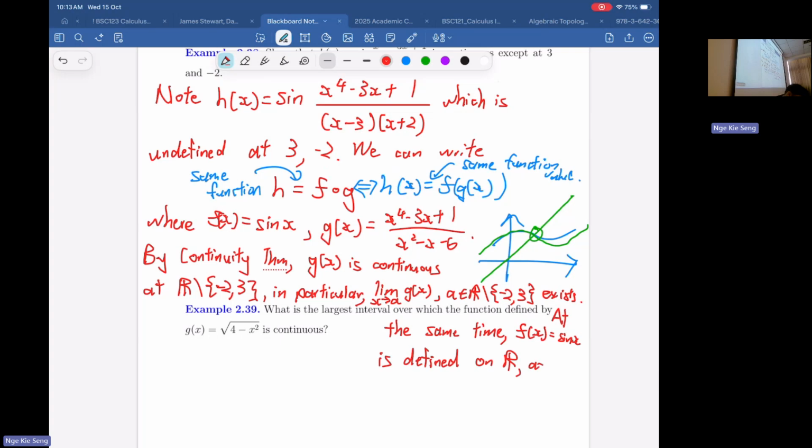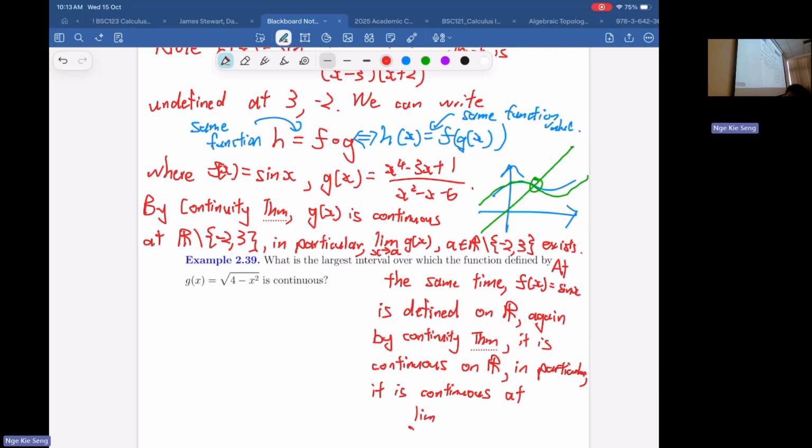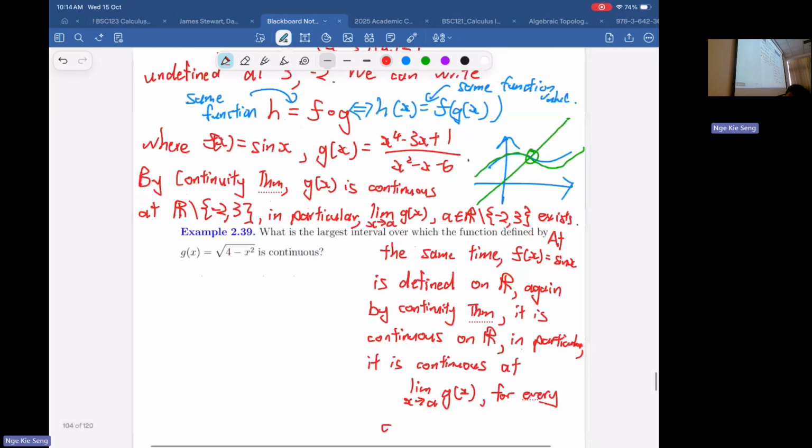So again, by the continuity theorem, it is continuous on R. In particular, it is continuous at every limit point of g(x), for every a in this set.